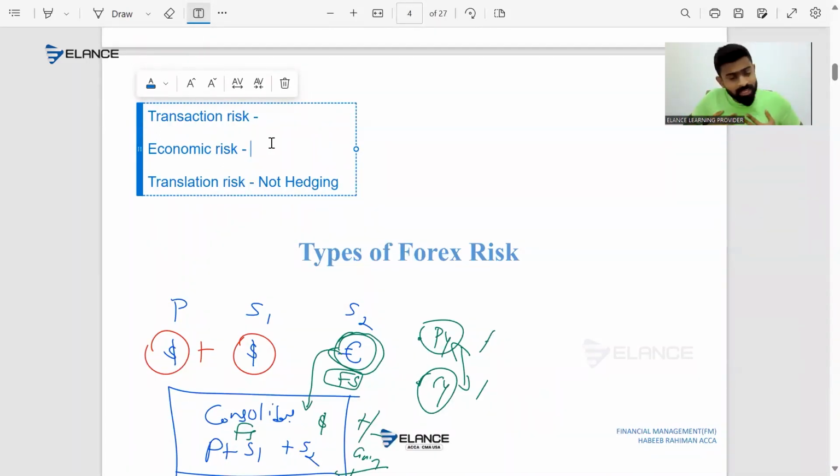Assume our Indian company, the same Indian company, had operations in China also. We had a subsidiary in China also. What happens in the total group? The same group has operations in India, plus operations in China. What happens inside the group?